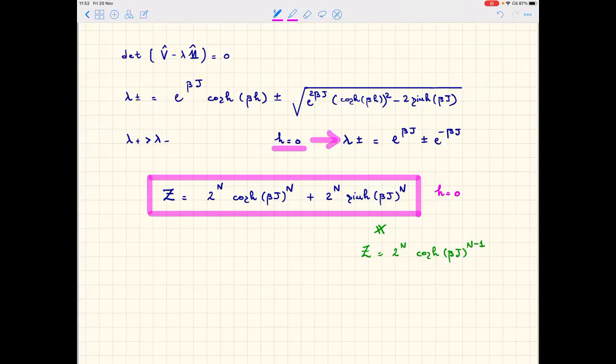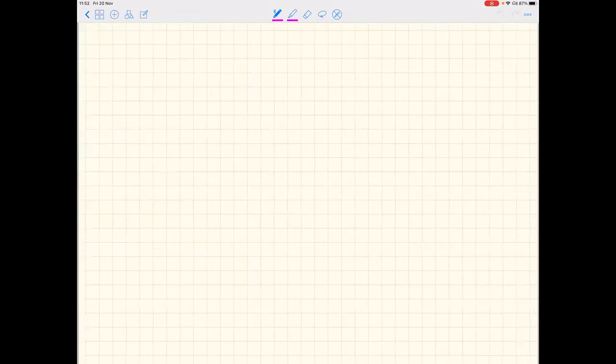However, they should be the same in the limit in which N goes to infinity. So how do we see that? Well, we see it in a very simple way.